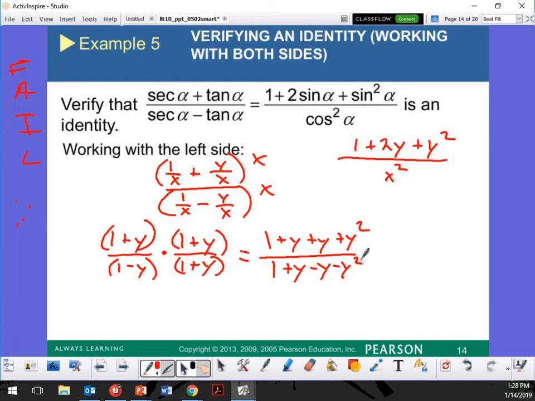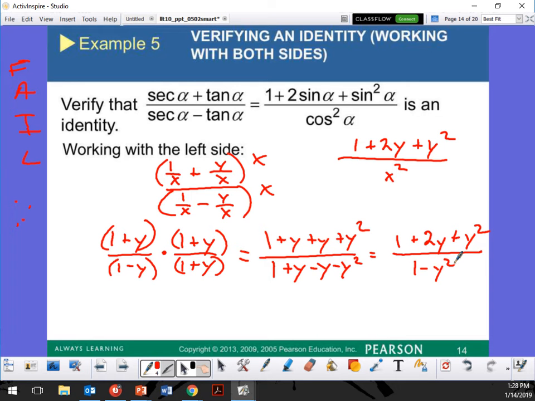All right, let's go through and combine like terms now. On the top, I'm going to get 1 plus 2y plus y squared, all over 1 minus y squared. And that's x squared if I'm correct, right?